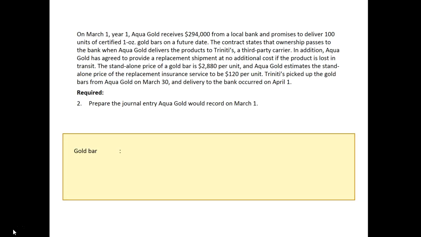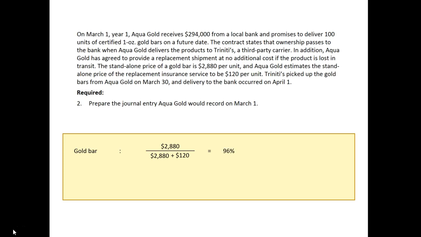The journal entry to record on March 1st: we first have to determine the breakdown of both contracts. So the gold bar normally sells for $2,880. Now we've got the two contracts, the standalone gold bar plus the insurance of $120.